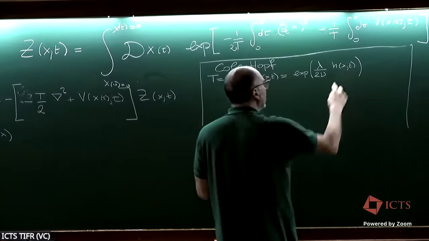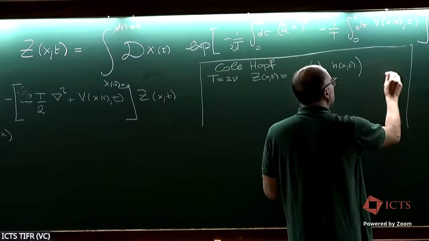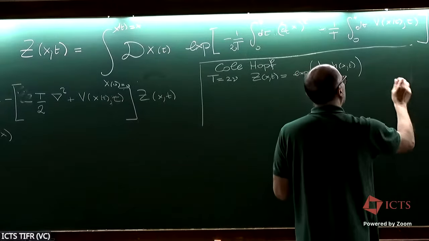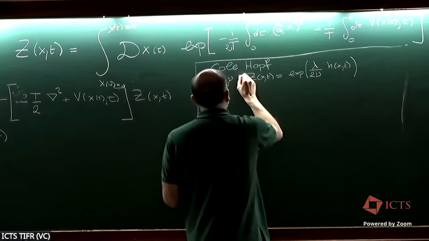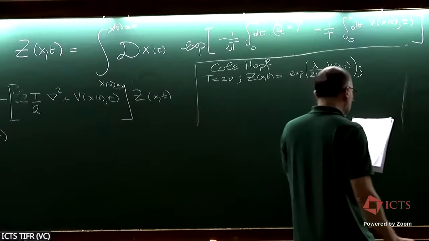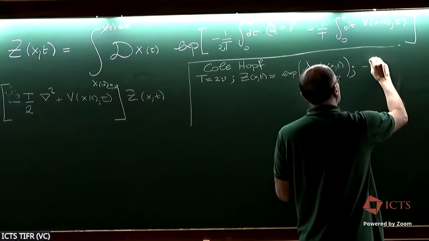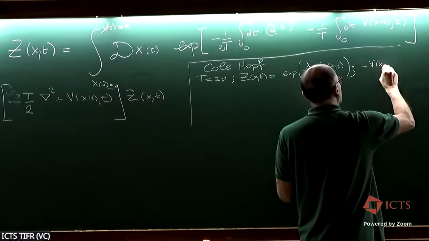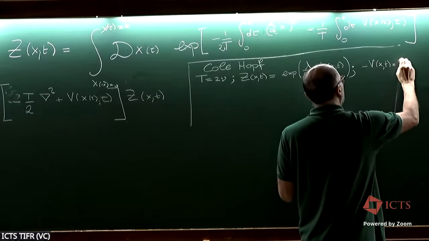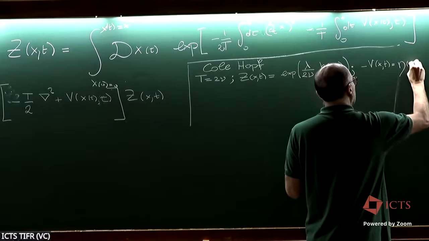So it's a new field, okay? And now we also define, so this is one change of variable, this is the other change of variable, and the last one is minus V(x,t) equal to eta(x,t).